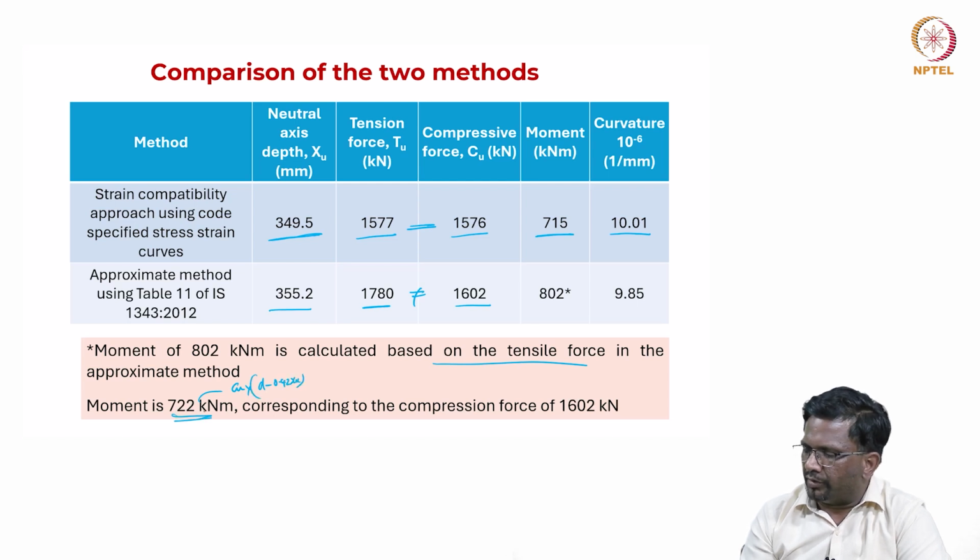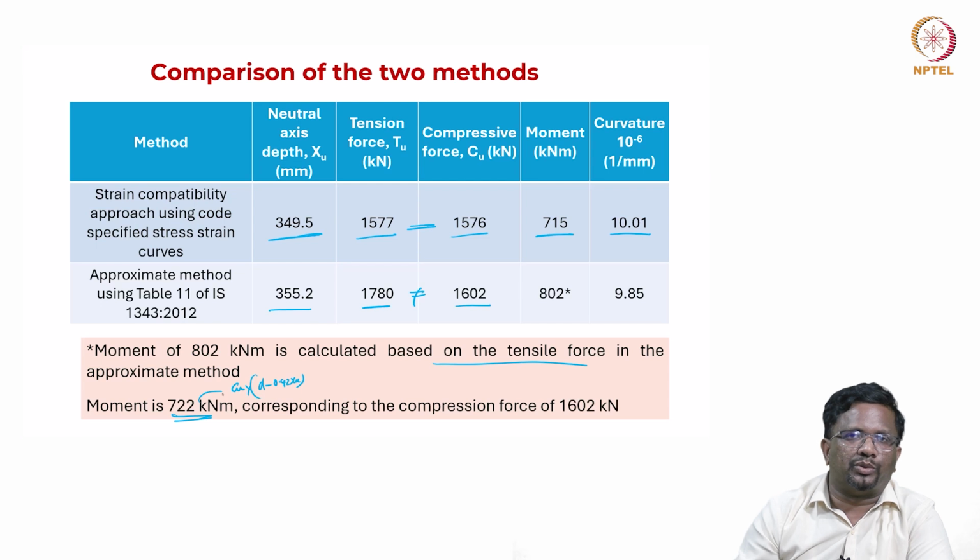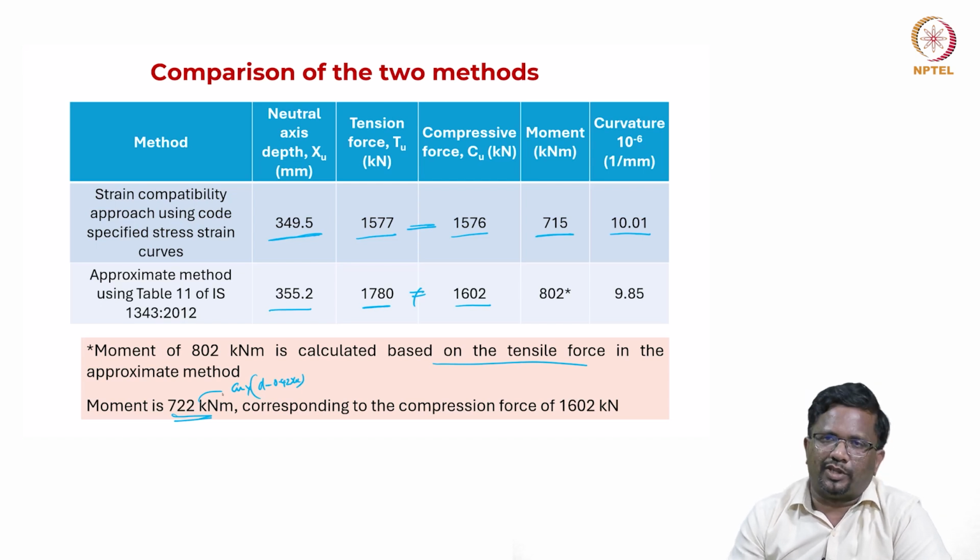So, in the approximate method, you have to choose whichever is the least and then use it in your moment calculations, then you get 722. That 722 is pretty close to what we get using the strain compatible approach.